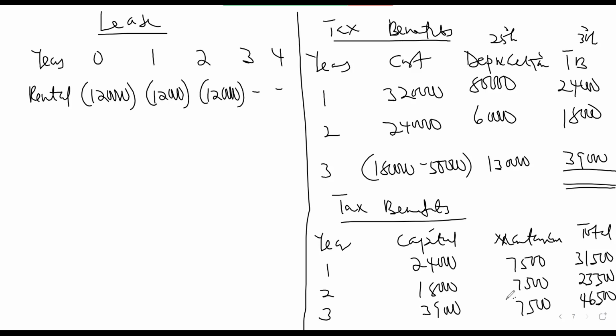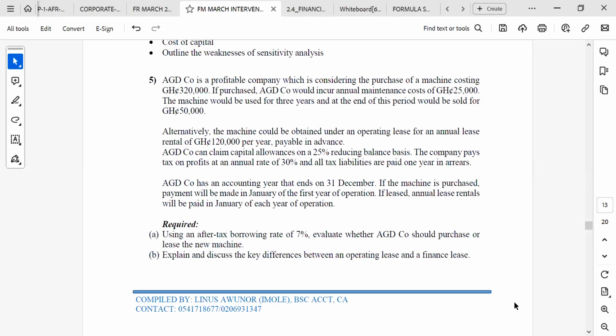Let's count the tax benefits. Sometimes the question can tell you that under the two options, the maintenance cost will still be incurred. So even if you are leasing, you will still be incurring the maintenance cost. So we add the maintenance cost as an outflow, then we bring the tax benefit on the maintenance cost also. But the rental payments will be allowable for tax.